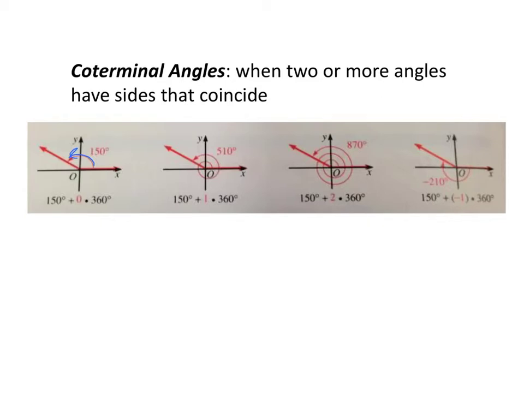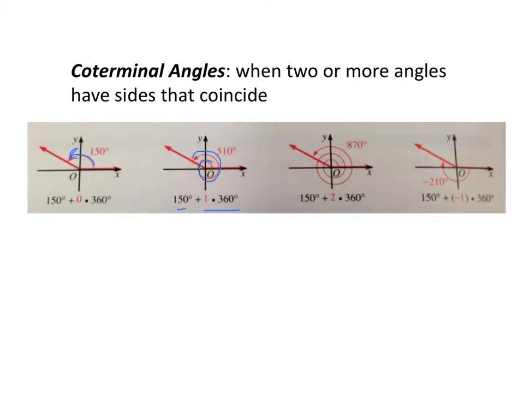Moving on to the next angle, we rotate through 360, then we continue the rotation further, an extra 150. So here we've got 150 plus 360, and they're showing you this 1 times 360, meaning it's gone through one full rotation of a circle plus another 150.